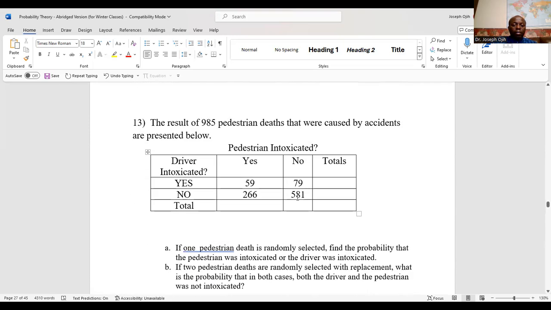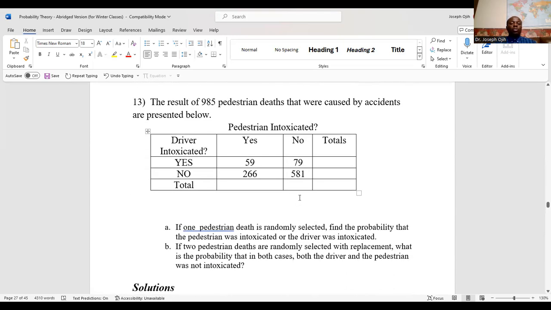The one they put in a box says the results of 985 pedestrian deaths that were caused by accidents are presented below. You can see the pedestrian deaths: pedestrian intoxicated, driver intoxicated. Is the pedestrian intoxicated? Yes or no. Then yes or no for is the driver intoxicated.